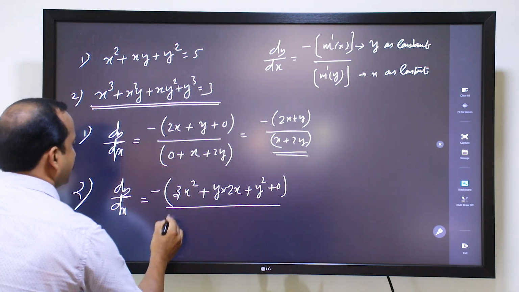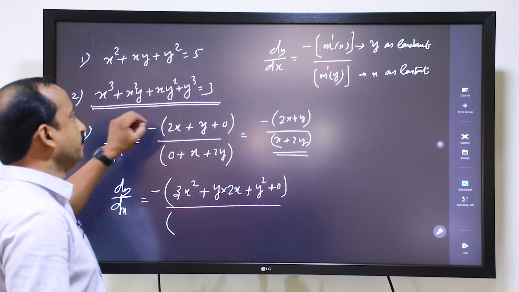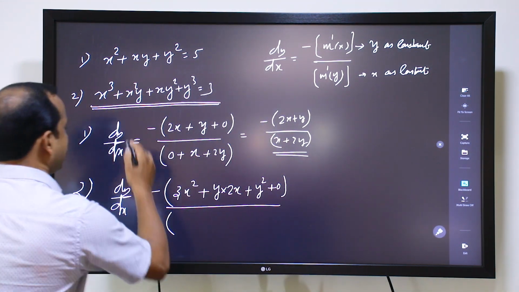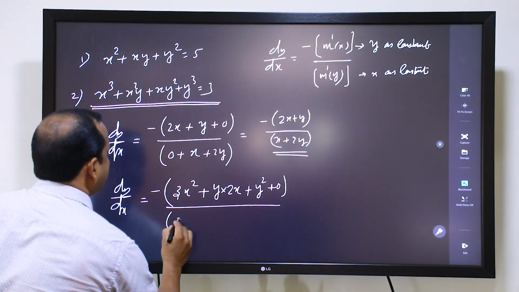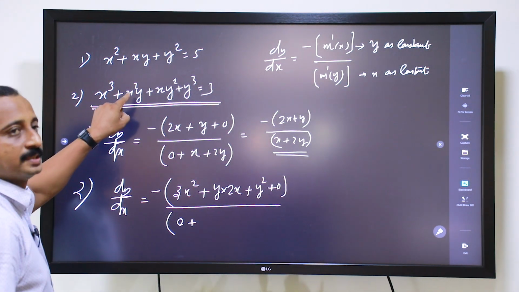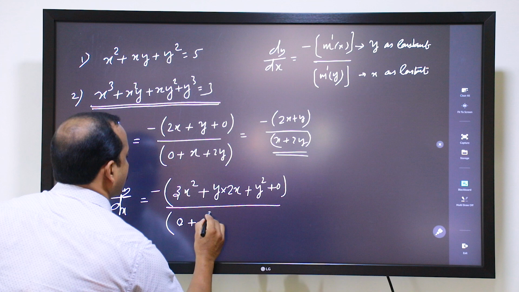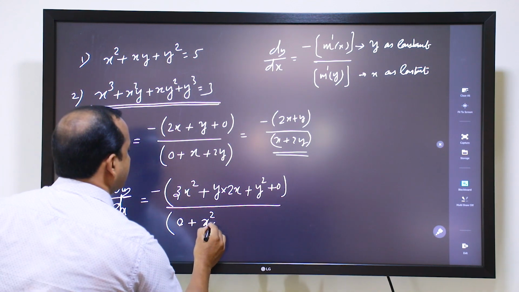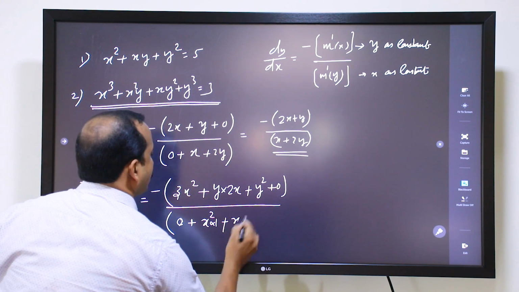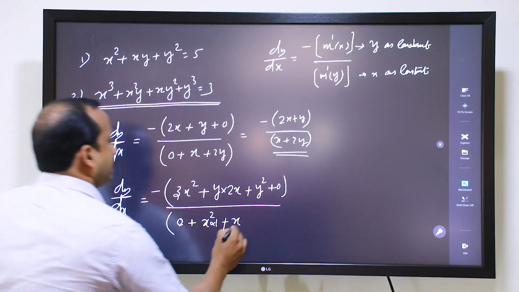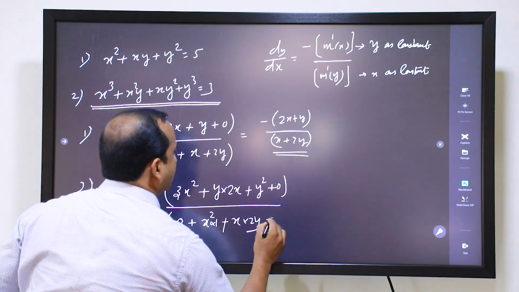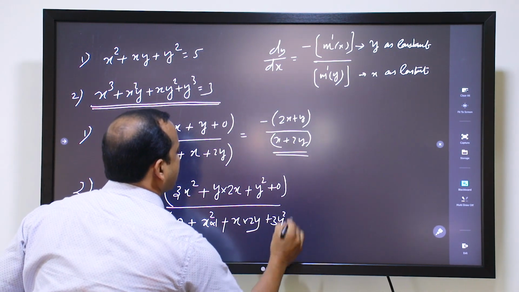The whole divided by, in the denominator, we differentiate this function with respect to y. At that time x is a constant and therefore the derivative of x cube is 0. Plus we differentiate with respect to y. Here x square is a constant and the derivative of y is 1 with respect to y. Plus here x is a constant, the derivative of y square is 2y into 1, and the last y cube derivative is 3y square, plus 0.